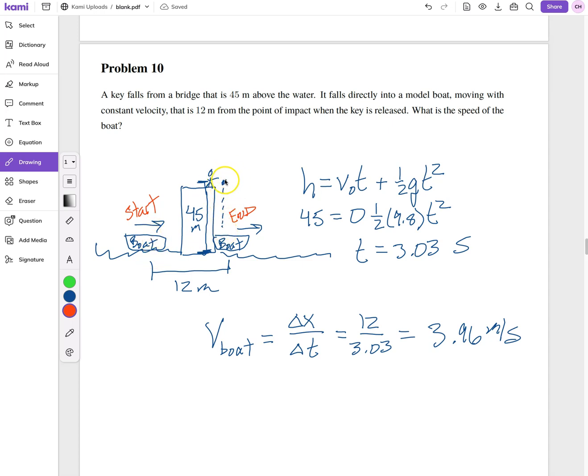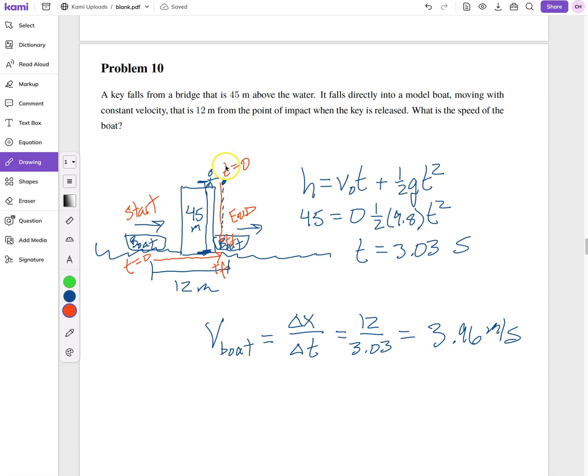So when they release the key, the boat is over here. So this is time is equal to 0, and this is time is equal to 0. Then that falls, and the boat is traveling, and this is the final time, and the key falls down and goes in the boat, and that is also the final time.